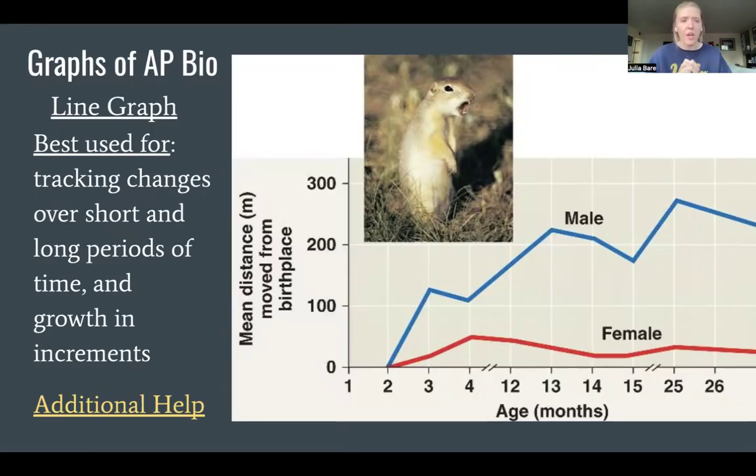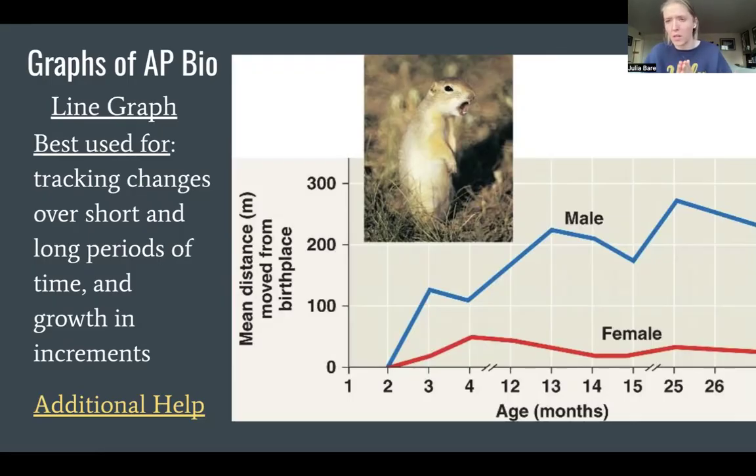Typically for a line graph, you're tracking changes over periods of time and growth in very specific increments. The way to figure out if something should be drawn as a line graph is if you have a really big number of data points that you're going to include on your x-axis. For example, you have here the age of these gophers.